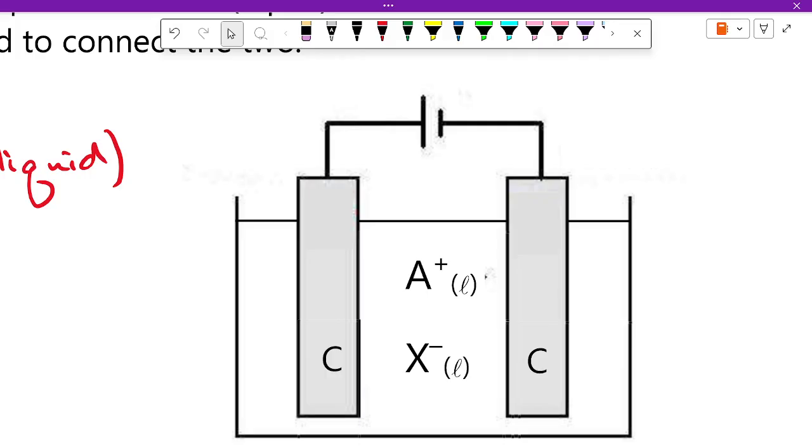Usually the easiest way to do it is to say this is positive, this is negative, therefore my electrons go this way.